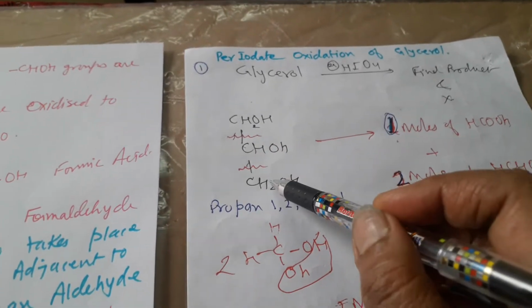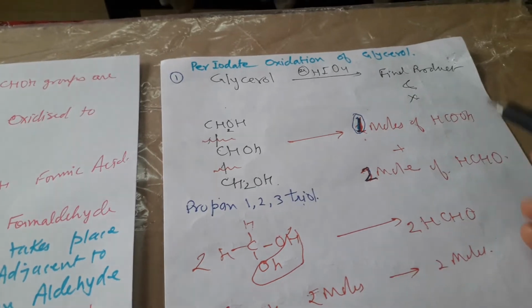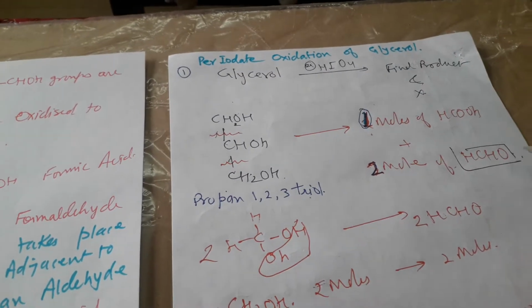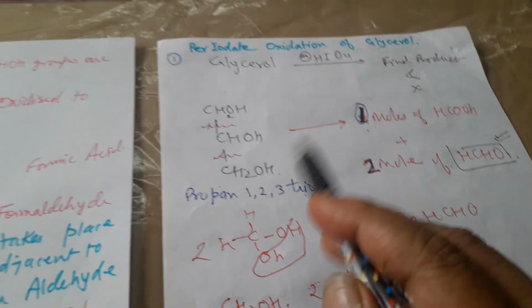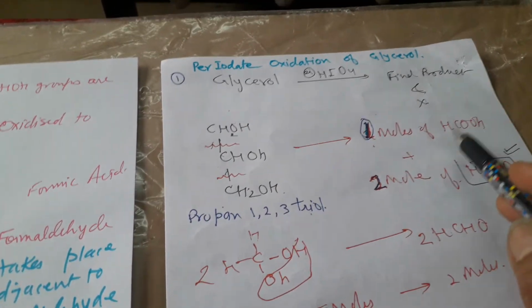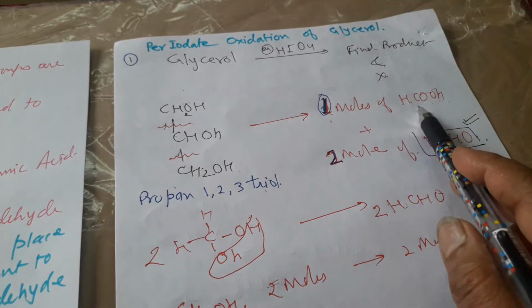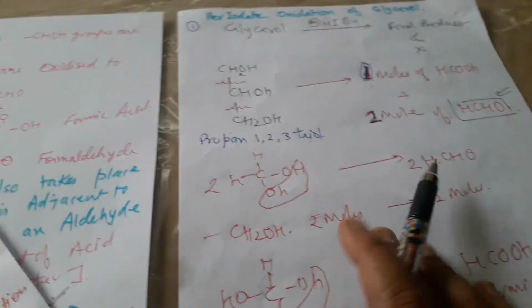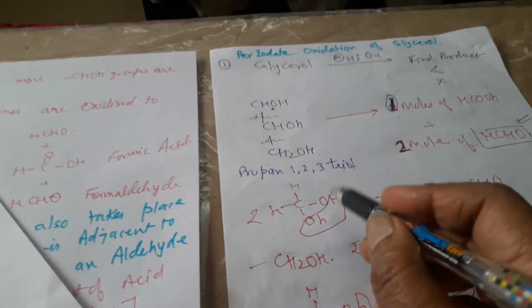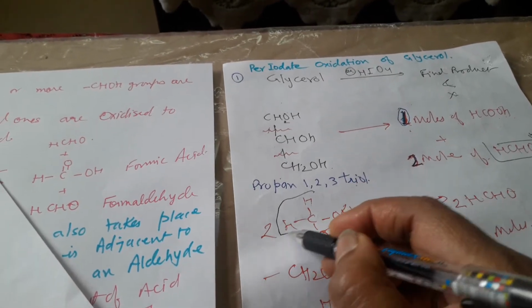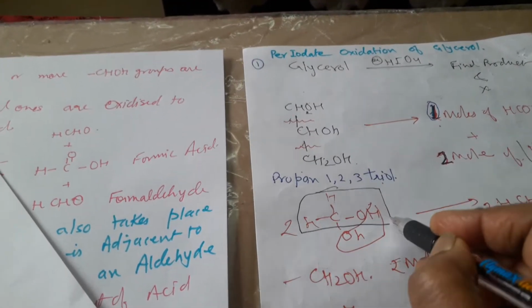So the first and last, these two will form HCHO, and the middle one will give you HCOOH, that is formic acid. Clear? I will explain how I am writing this. First of all, you have to write down this grouping, CH2OH. See, I am marking it like this. CH2OH grouping.